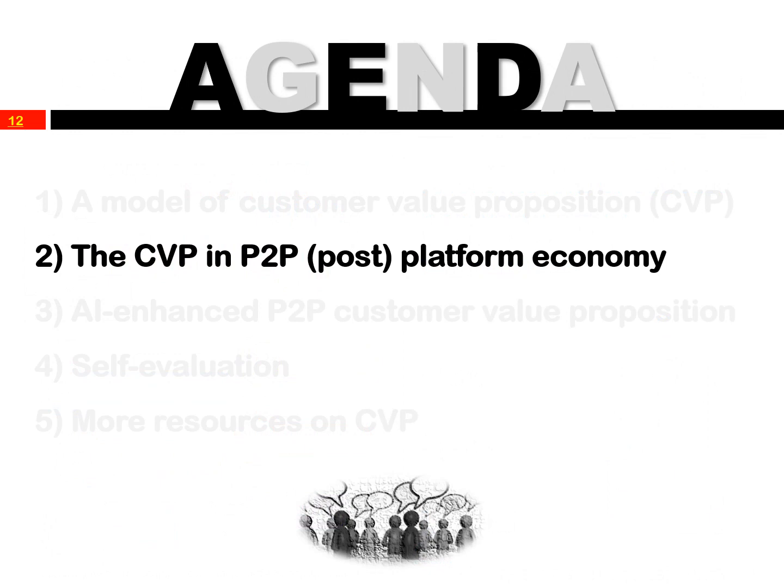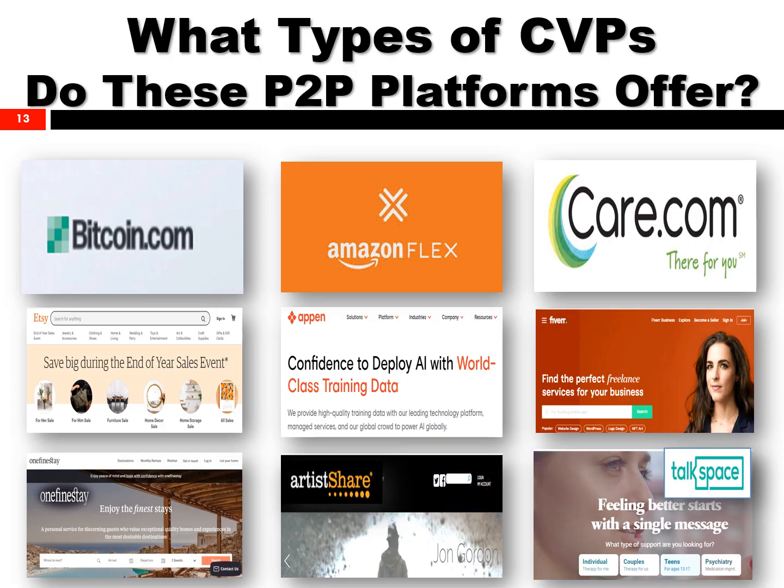Let's define the customer value proposition in the second chapter more precisely for the P2P platforms. This is what I would like to do with you. For any of them you take, there are platforms. I would like you to know them better. If you do not know them, please go and discover them. Amazon Flex is for giving clothing to companies.